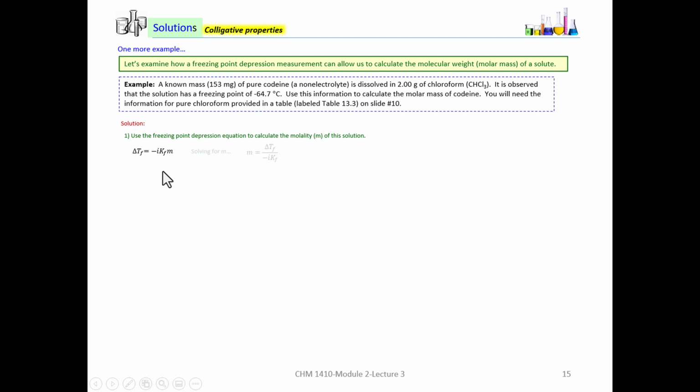And what we can do here is rearrange this and solve for molality. Why do we want to do that? Well, the trivial answer is that we have the information we need to calculate m, so why not?